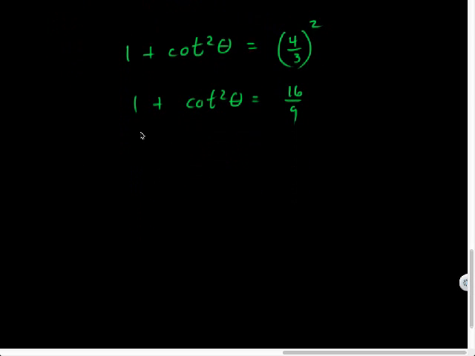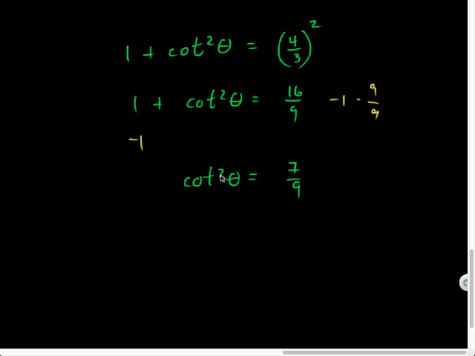Now what could I do to both sides? I'm trying to get cotan theta by itself. So I'll subtract 1, which is the same as 9/9. So cotan squared theta is equal to 16 minus 9, 7/9.